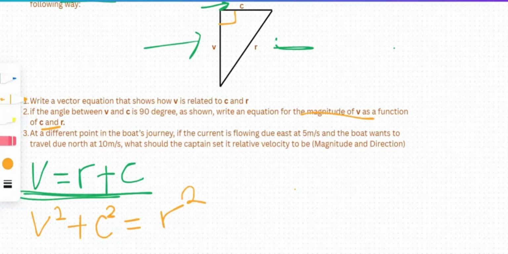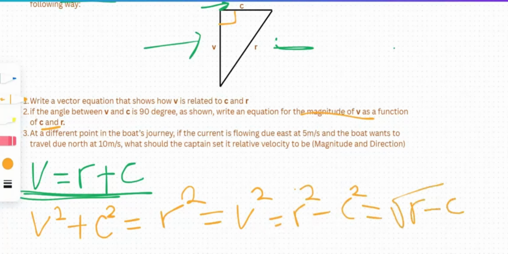Okay, then v squared will be r squared minus c squared. Therefore, v would be the square root of r squared minus c squared. So that would be the equation for v as a function of c and r.